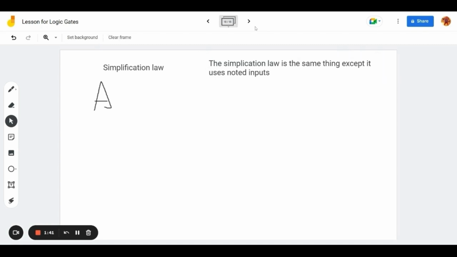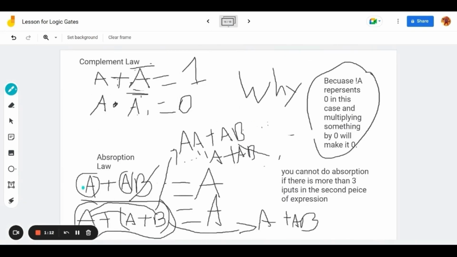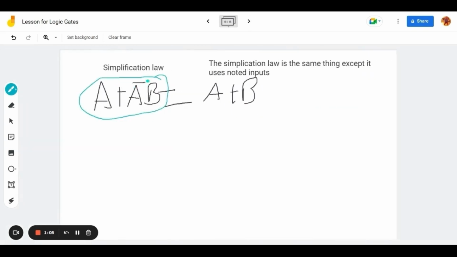What I mean by this is, when it looks very similar, you have something like A plus A underscore B. This would equal A plus B. As you can see, this right here is very similar to our absorption law, except it just has a knotted input here.